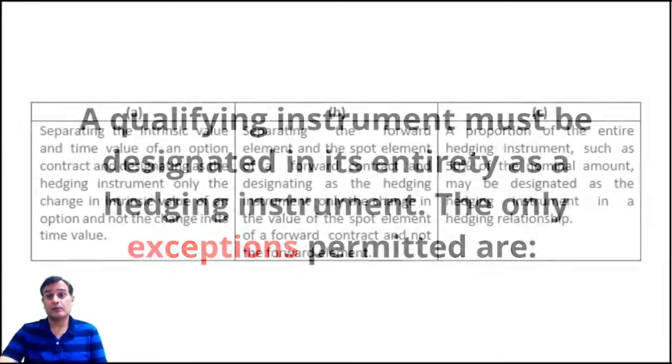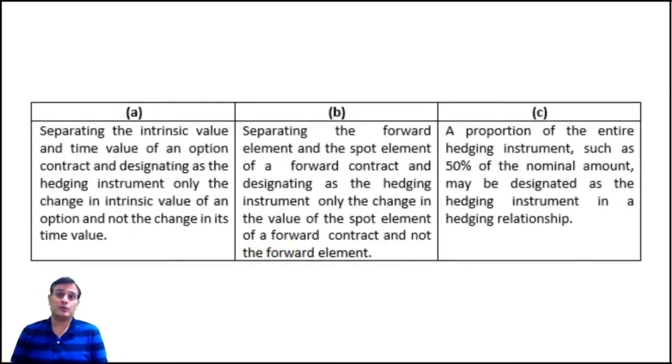There are a total of 3 exceptions given. This is a little technical part which needs a little knowledge of financial management as well. The first is separating the intrinsic value and the time value of an option contract. If you remember from SFM, the value of an option contract has 2 components: the time value of the option and the intrinsic value of the option.